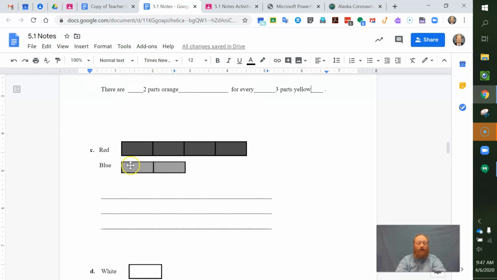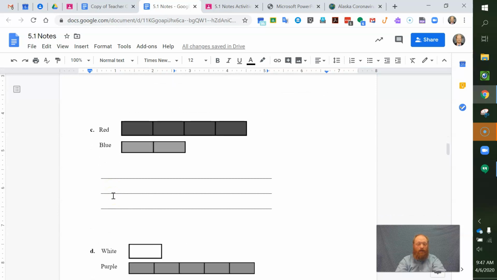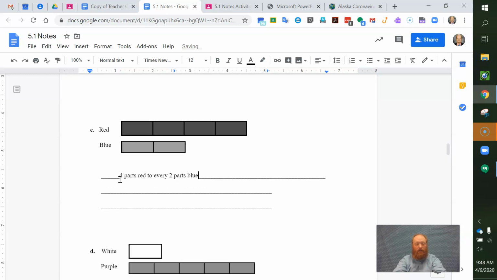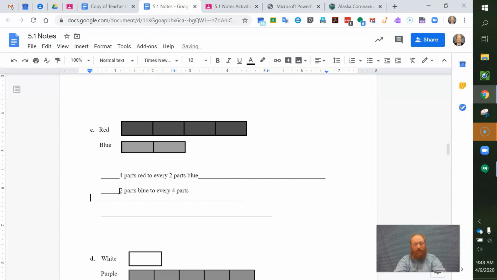All right, well, let's look at this. There are 4 parts red to every 2 parts blue. I'm going to delete, make this back onto one line. Perfect. There are 2 parts blue to every 4 parts red.